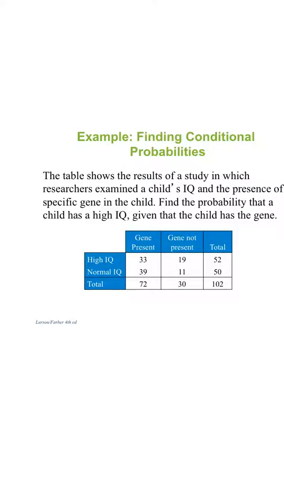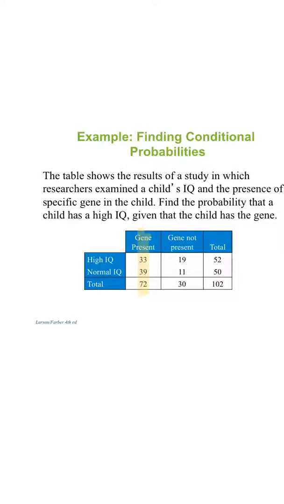So looking at this example, we are only focused on the children that have the gene. Okay, so I'm going to go ahead and highlight those that have the gene. Gene is present. I'm highlighting this first column. That is only the group that we want to focus on, only the people that have the gene present.